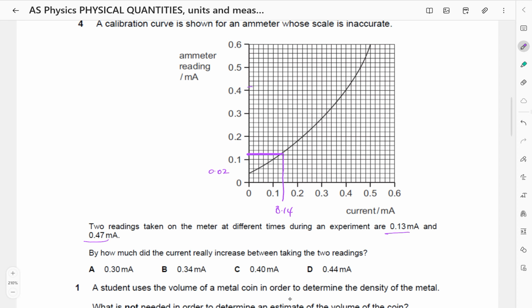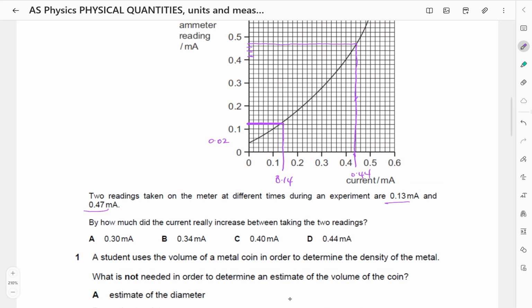Then 0.47. So this is 0.42, 0.44, 0.46. 0.47 is approximately here, which is giving us 0.44.